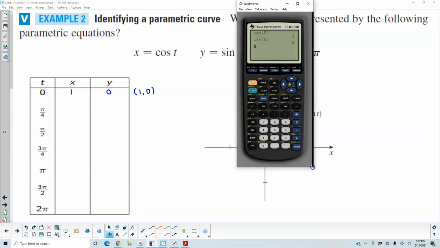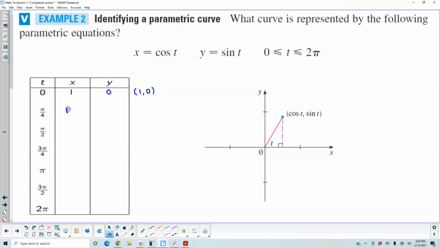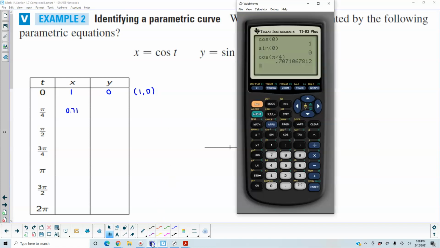So if we want to find the cosine of pi over 4, we know it's going to be 0.71. And what is the sine of pi over 4?